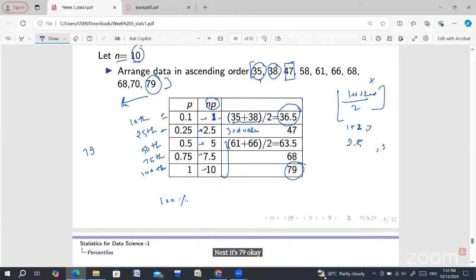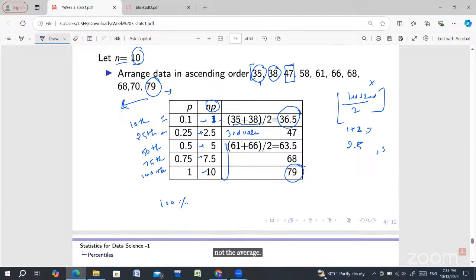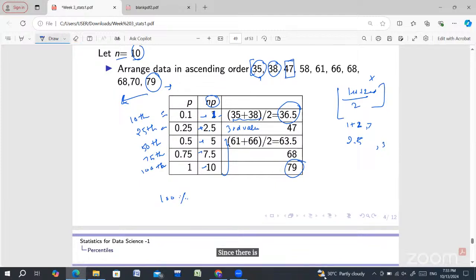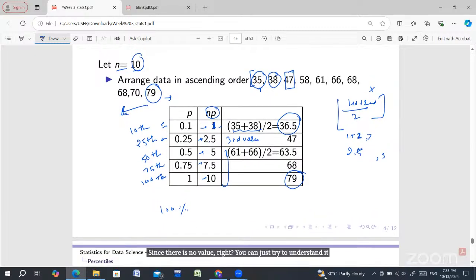There is no value after it, so we can take it as 0 also. Sorry, no, not the average, since there is no value. You can just try to understand what this percentile value is trying to say. 100th percentile means that all the values should be below it, so definitely it will be the last value. Yes, ma'am.